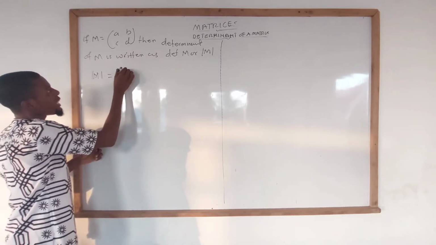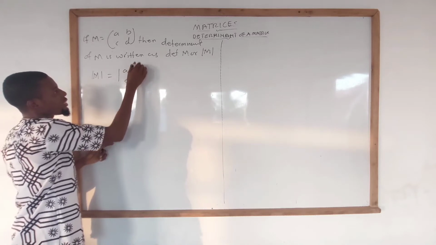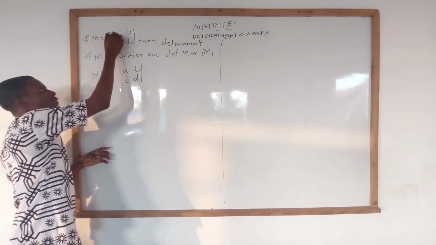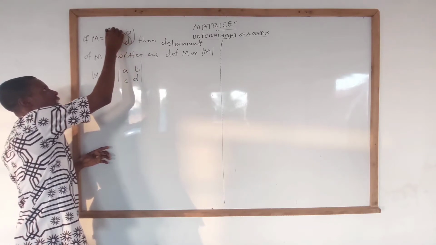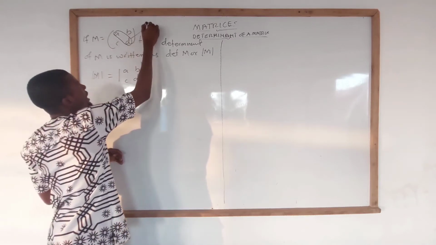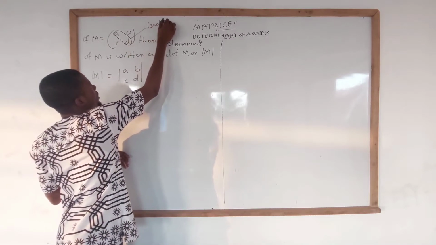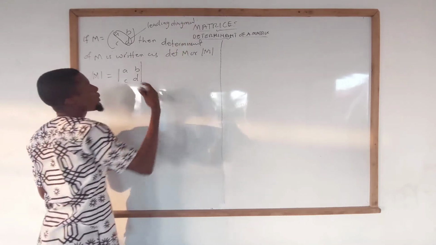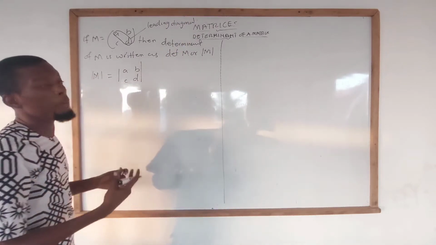The determinant of M is given by the elements placed inside the bars like that. When you have a matrix, the diagonal from the top left right down to the bottom right is called the leading diagonal. In some books you see the principal diagonal, in some the main diagonal.